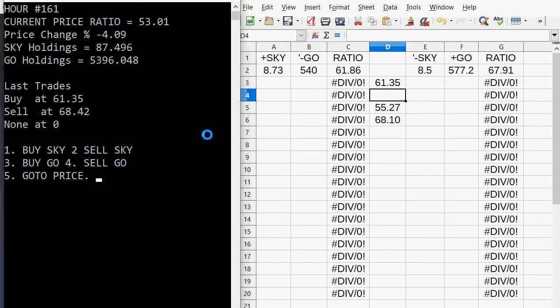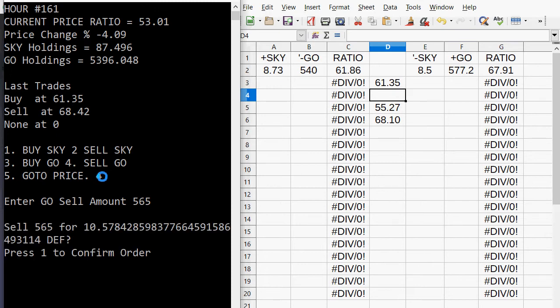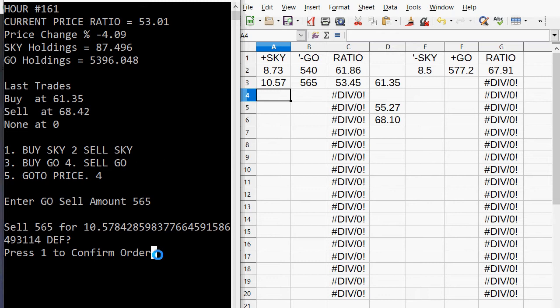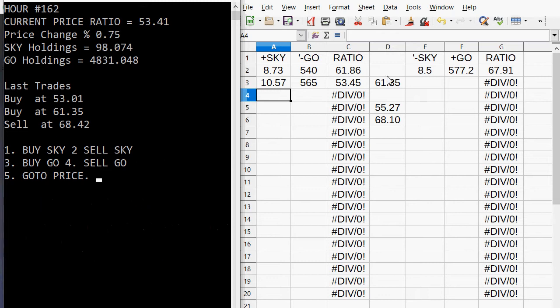We'll be doing it here as far as selling this Go coin, owning 5,396. So 10% is 539. So maybe about 565 or so. So we'll put 565 here and 10.57 here. And confirm the order.